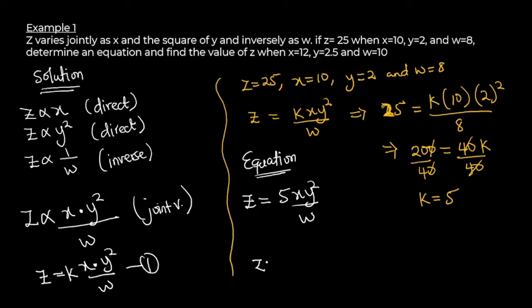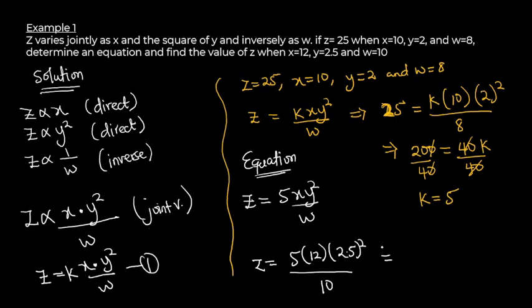So our z is equal to 5 multiplied by the value of x, which is 12, then again multiplied by the value of y, which is 2.5. We square that, then we divide it by the value of w, which is equal to 10.